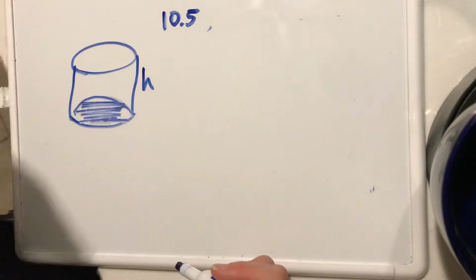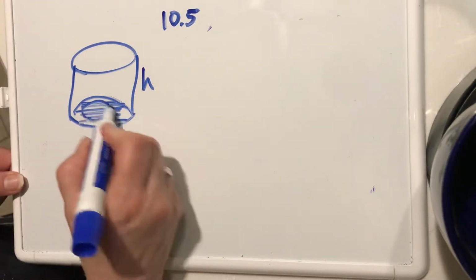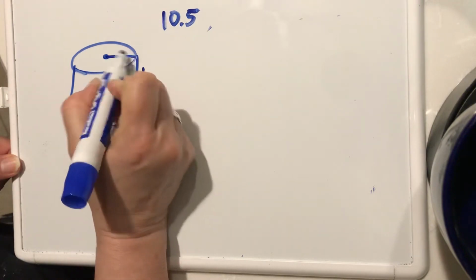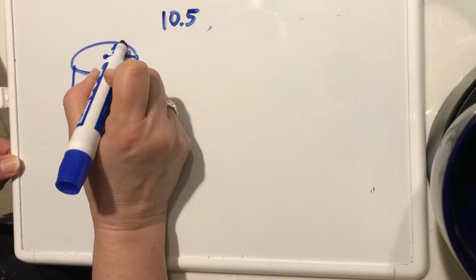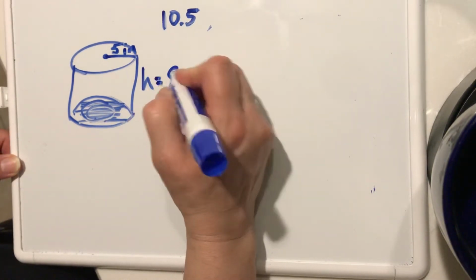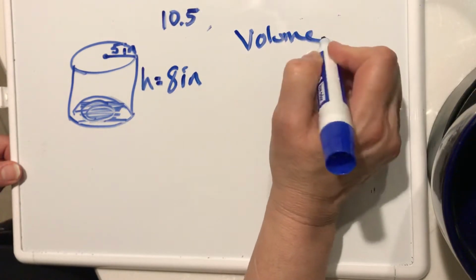Kind of like filling up a glass with little discs. Okay? So let's say that they say the radius here is going to be 5 inches. Okay? And they say the height is going to be 8 inches. And they want to know the volume of the cylinder.